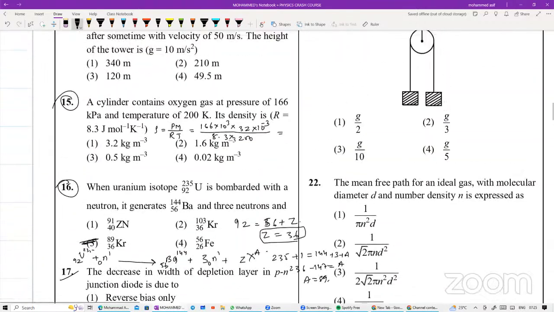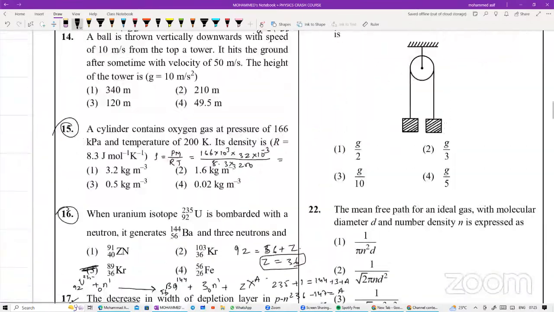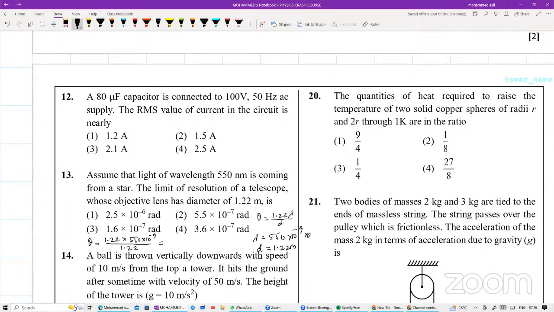चलिए next. I hope you can even do this question बेटा. Question number 20 भी आप लोग कर सकते हो. The quantity of heat required to raise the temperature of two solid spheres of radius r and 2r through 1 Kelvin will be equal to how much? Quantity of heat required, delta Q is equal to m into s into delta theta.